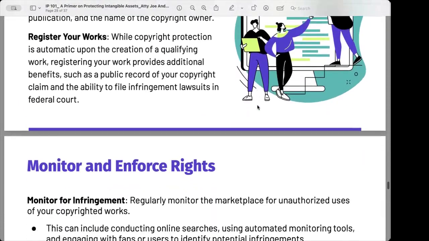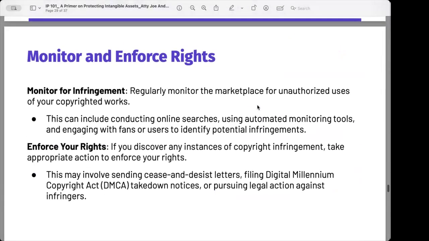So notice and registration we discussed. Again, same thing here in monitoring and enforcing your rights. This is especially true in the music business, where digital distribution of music made it where everybody was using everybody's music and nobody was paying for it, and they created whole industries around keeping track of that, and issuing cease and desists and takedown notices and things like that.